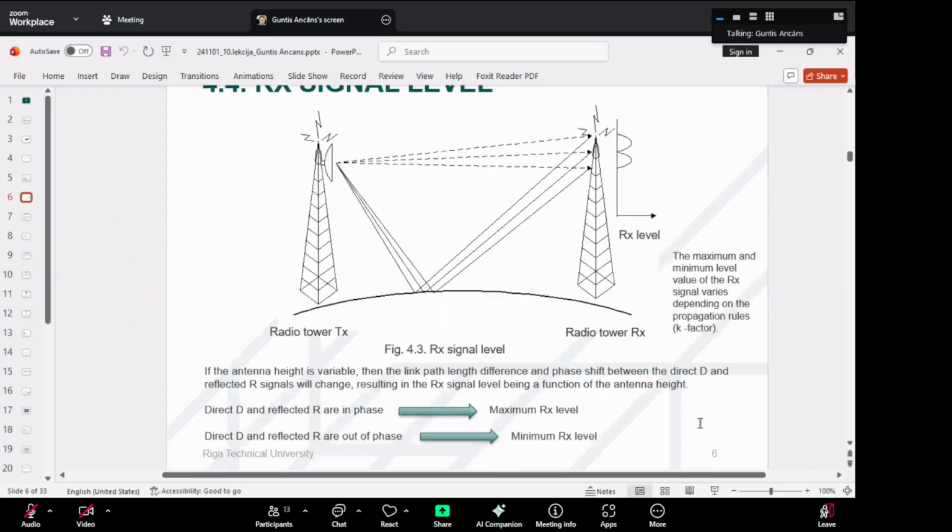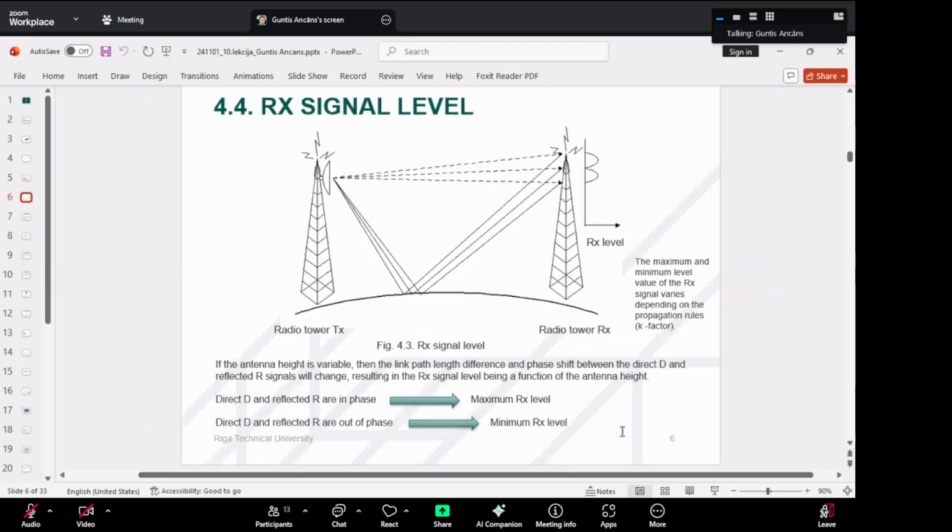If direct and reflected signals are in phase, then at the receiving point the maximum receiving level of signal will be received. And if the direct signal and reflected signal are out of phase at the receiving side, then we will receive the minimum receiving level.